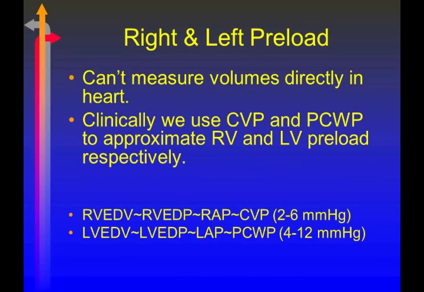At the end of diastole, the pressure within the right atrium, or CVP, is equal to what would be in the ventricle when that tricuspid valve is open. Normal value of somewhere between 2 and 6. And on the left side, we don't have a direct measurement. We're going to use the wedge pressure as a correlate for what the left ventricular end diastolic pressure is, which would then reflect the volume. Just vaguely remember this from prior.